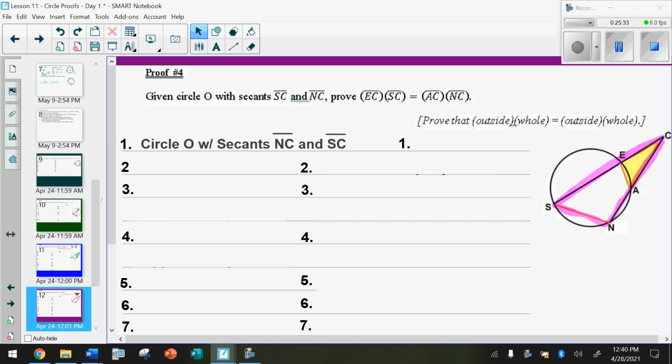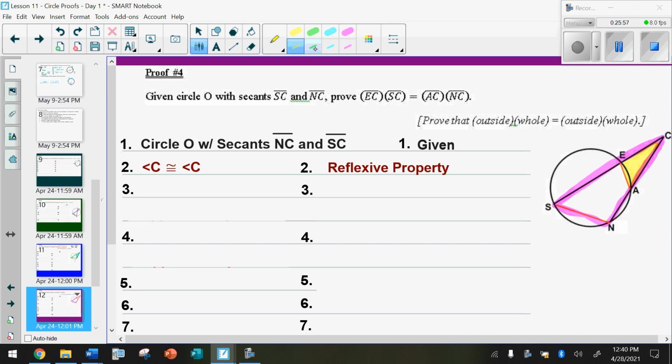Just like last time, givens at the beginning, we got a reflexive property with angle C. Now, we got to figure out how we're going to get another pair of equal angles. The reflexive property is no big deal. That was pretty simple and straightforward. So what comes next? Well, we have here a four-sided shape with all four vertices on the circle.